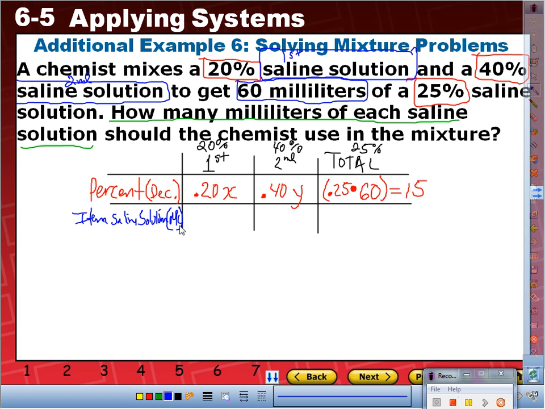item. Did we know how many milliliters were the first mixture? Let's see. Do they give us milliliters on the first mixture? No. Therefore, we label it X. Do they give us the milliliters for the second? No. So this is Y. And what is the total milliliters? 60.